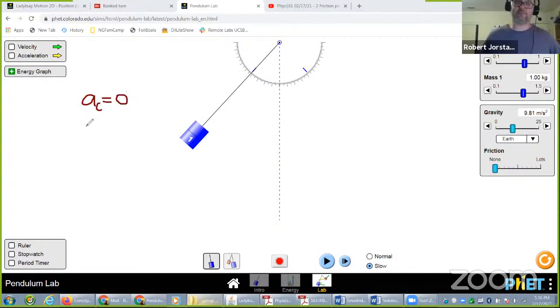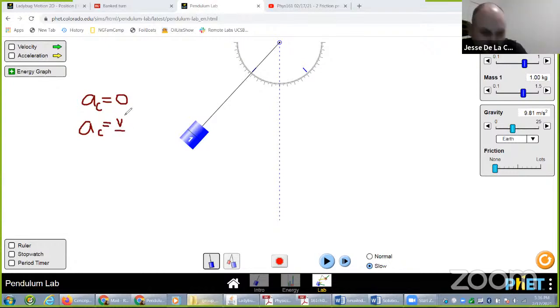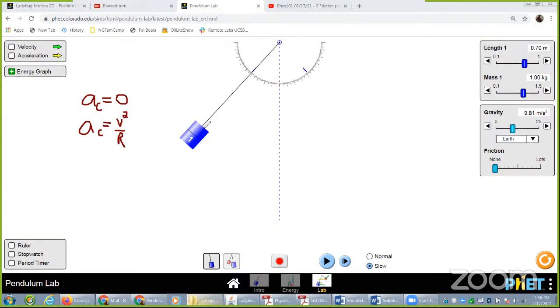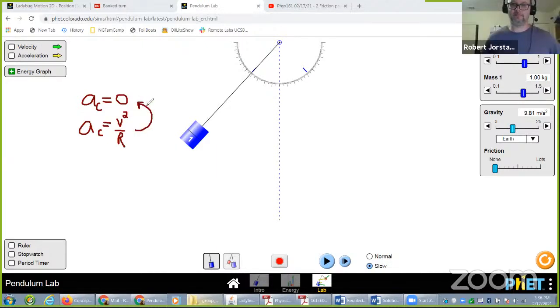What's the equation for a_c? Do you remember? v squared over r. What's its initial speed? 0. At rest. So that's why it's 0 at the beginning.